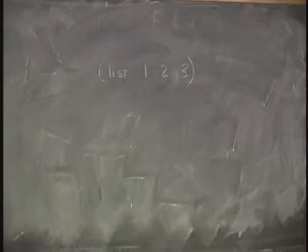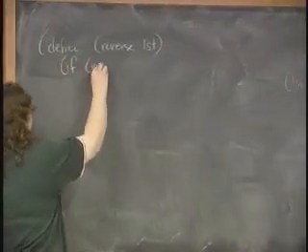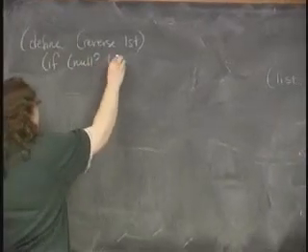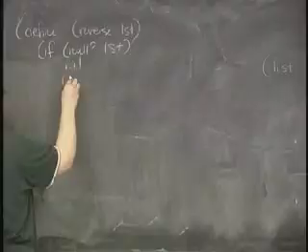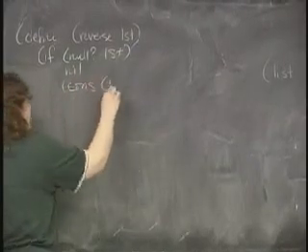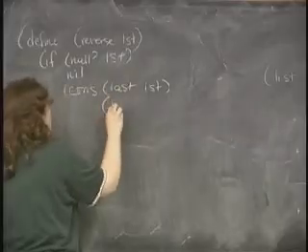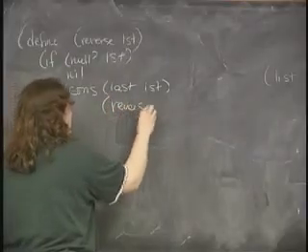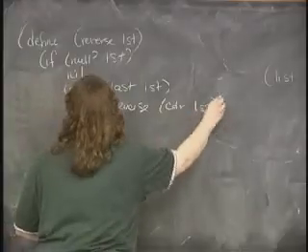To get the last element of the list. It's not beautiful, but we could do it that way. So we could say if the list is null, return nil. Otherwise, cons the last element of our list to the recursive call on reverse of the cdr of the list.